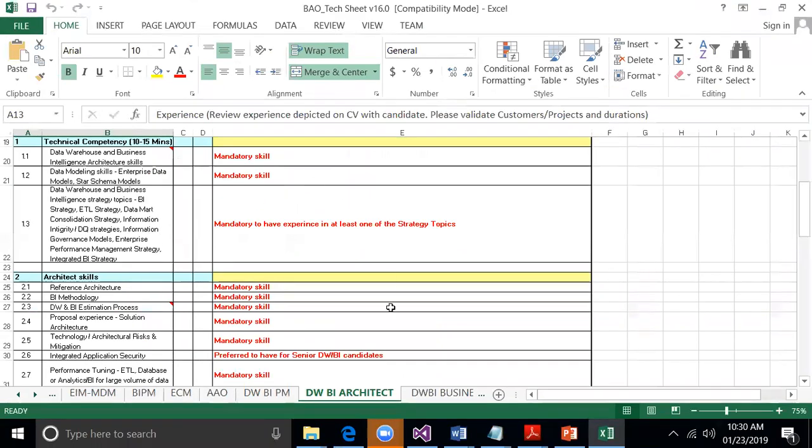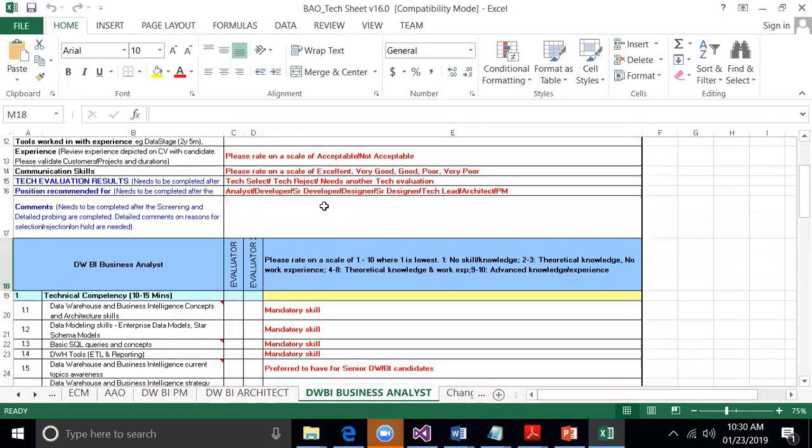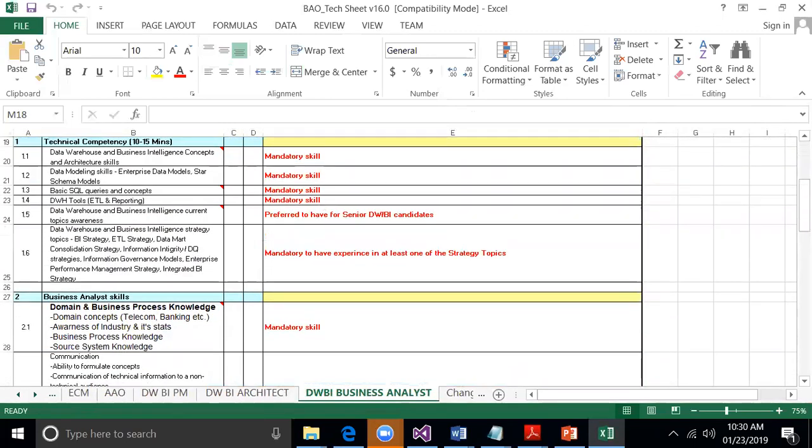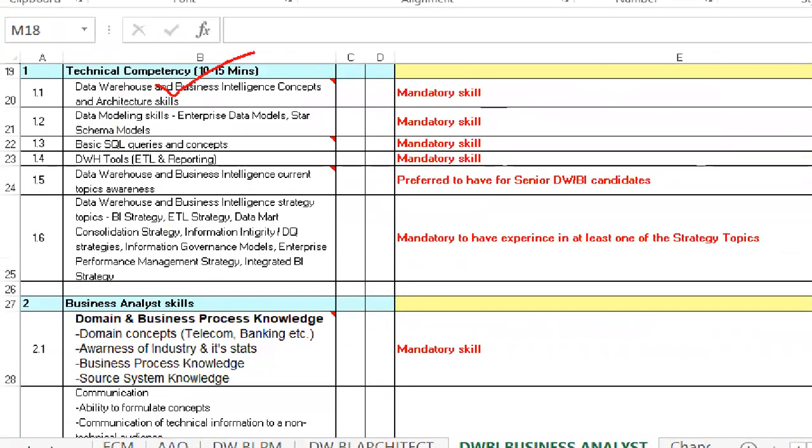And if you are trying to become a business analyst, you people are suitable for this. And what you need to know: first one, second one, and you need one more addition, basic SQL query knowledge. And then your ETL, reporting. Finally, business analyst skills.